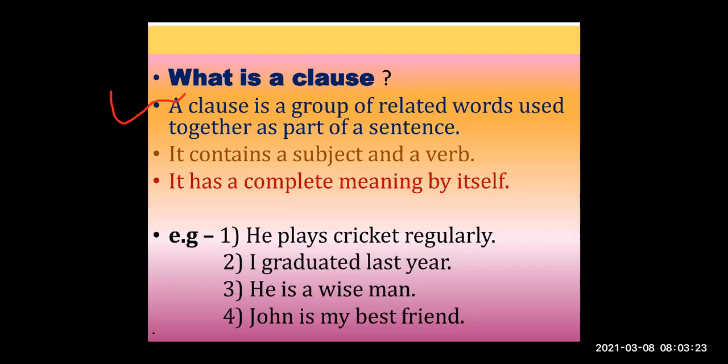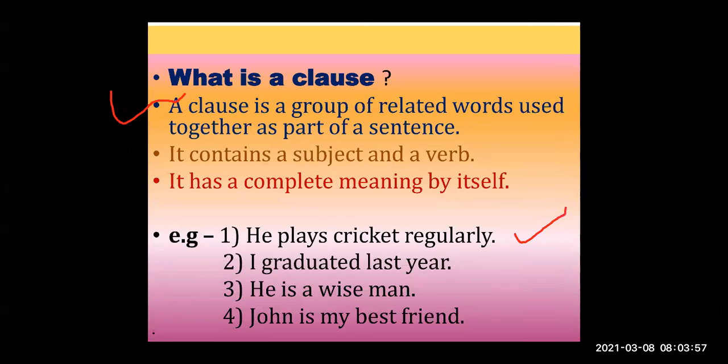Let's see the first example. He plays cricket regularly. Now, is it a clause? We will check it. Is it a group of words? Yes. The sentence has a group of words: he plays cricket regularly. Now we are going to see whether there is a subject plus verb combination.